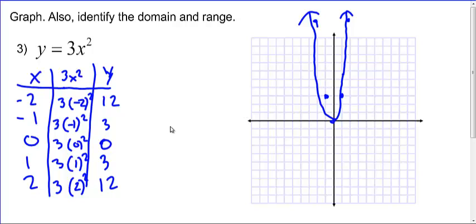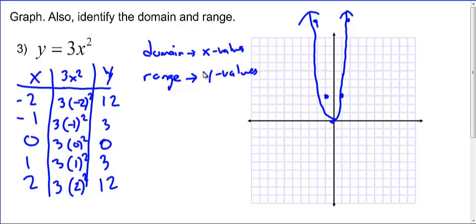All right, now it says to identify the domain and range. Now remember, folks, domain means x values, where range is referencing all the possible y values. All right, so what we're going to look at here is the domain.